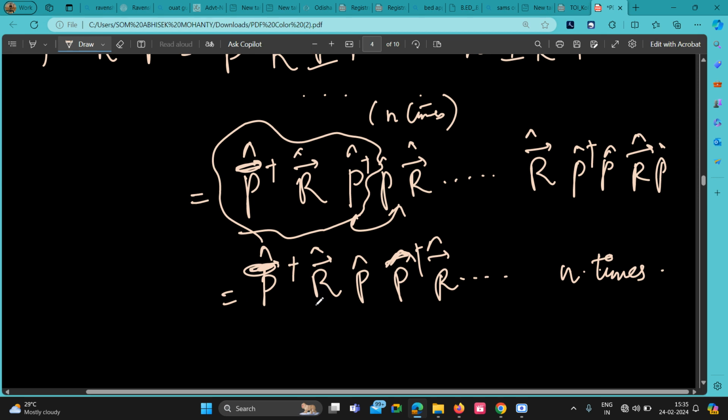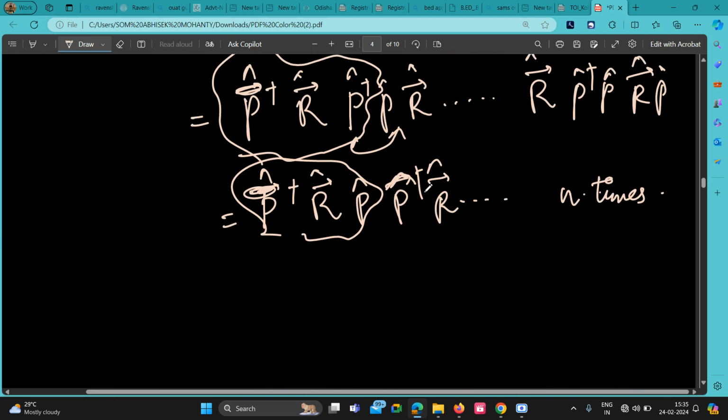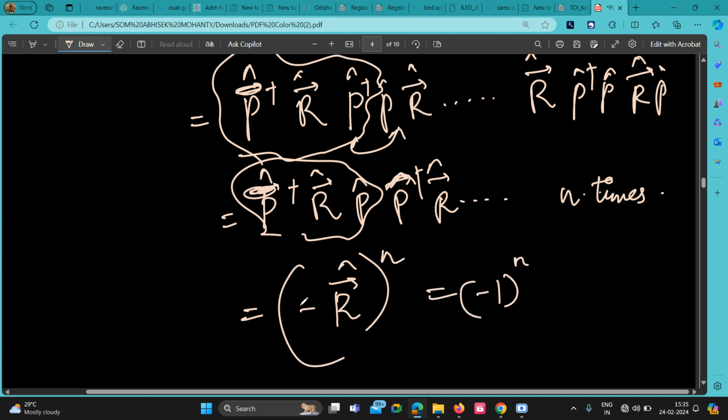If you see, this is what I have written here, minus R. So I can write it as minus R, and this is repeated how many times? n times. So minus R to the power n. So I can write this also as minus 1 to the power n, R to the power n. Is it clear? It's a bit like logic wise, we have to solve the logic with a bit of deduction. Is it all right? I hope you understood this.